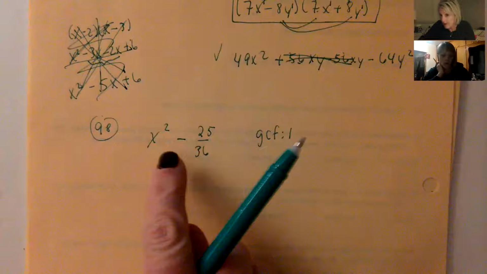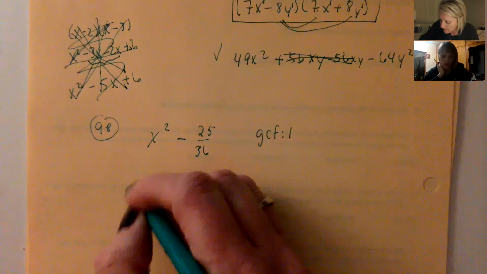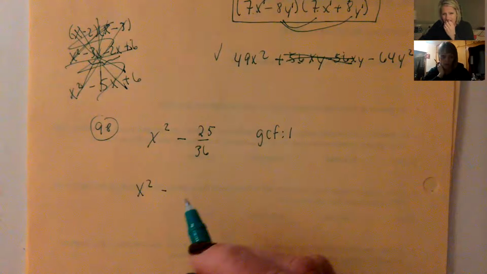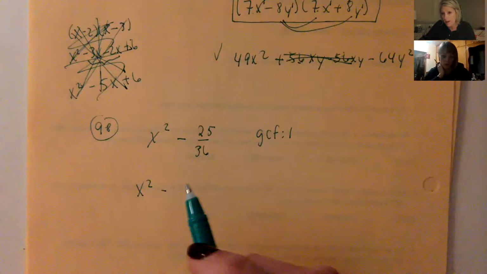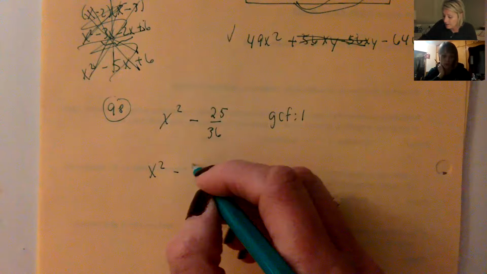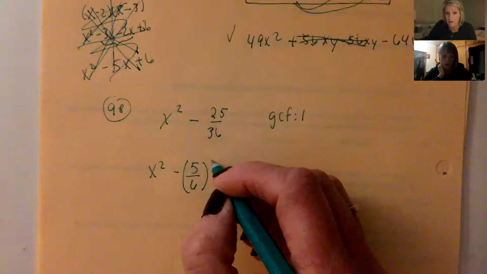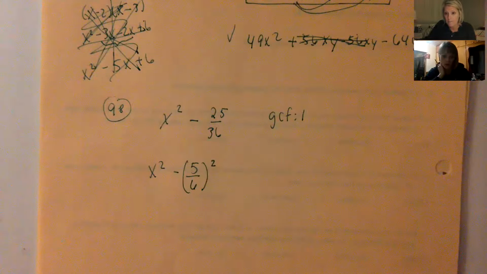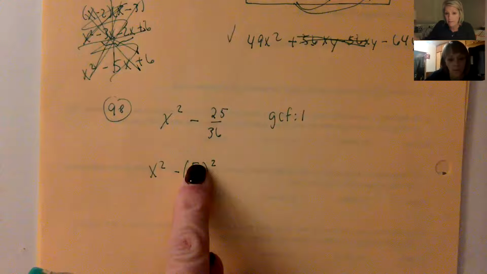So we have X, that's a thing that's squared, right? So we have X squared. And then 25 over 36 looks a little scary, but 25 is the square of 5, right? And 36 is the square of 6. So we really could just say this is 5 over 6 squared. So I have something squared minus something squared, right?